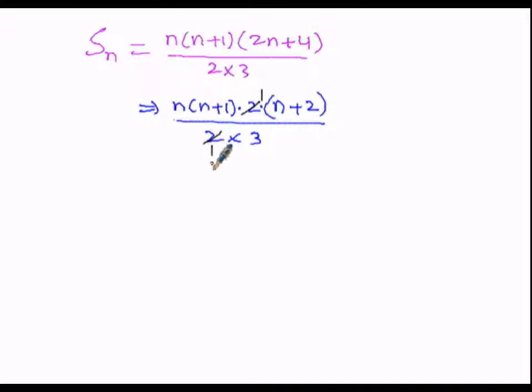Then the next logical step will be, so that implies n into n plus 1 into n plus 2 overall divided by just 3. It is nothing but the sum of n terms of the given series.